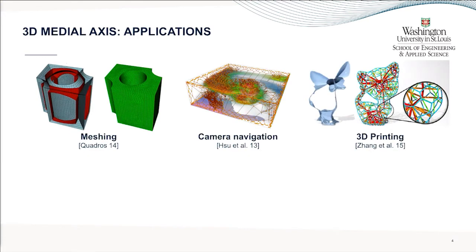There are many applications that use the fact that medial axis is centered. Medial axis can be a good intermediate structure for creating volumetric meshes, creating three-dimensional roadmaps of environments for robot or camera navigation, and it has been recently used for creating interior support structure for 3D printing.